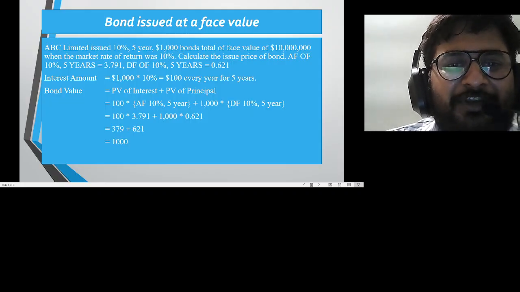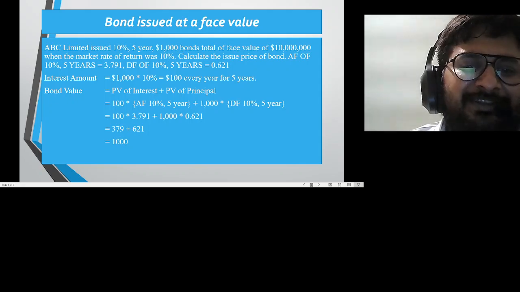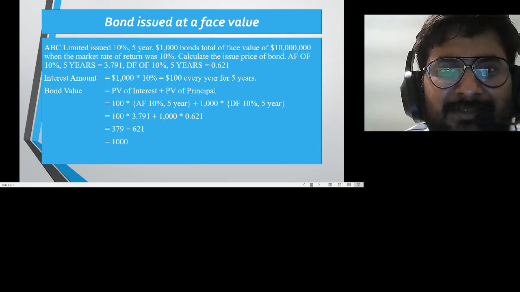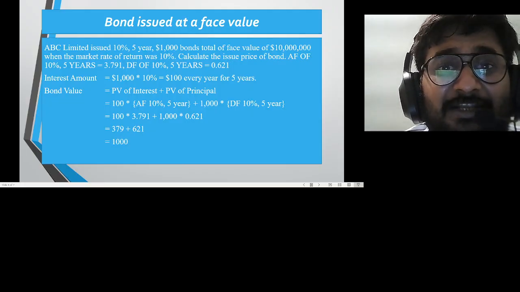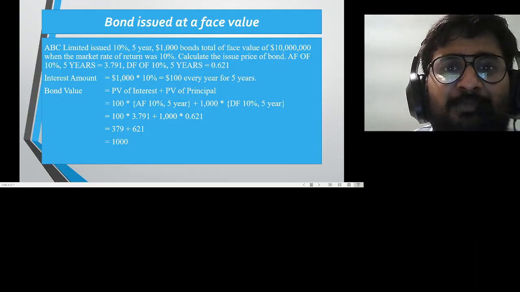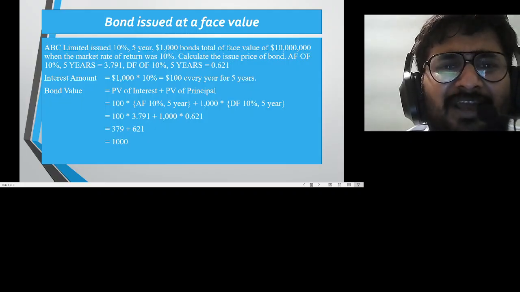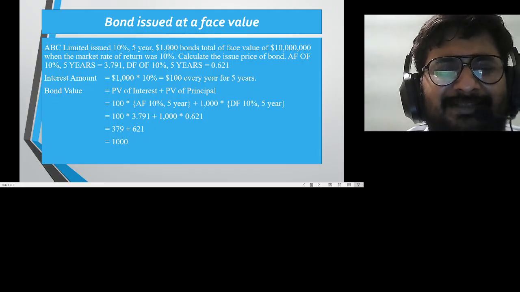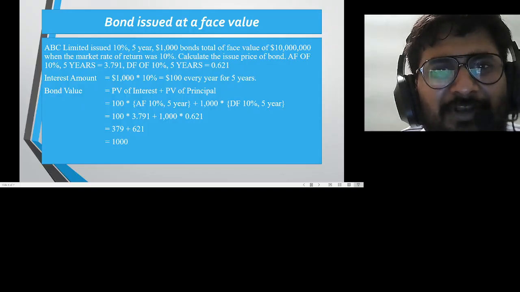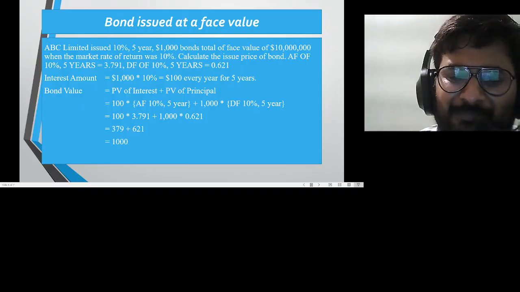So 100 into 3.791 plus 1000 into 0.621. That gives you 379 plus 621, exactly $1,000. In this case, the bond has been issued at par value. Why? You are offering 10%, and the market is also yielding 10%. So your bond will be issued at par value only.